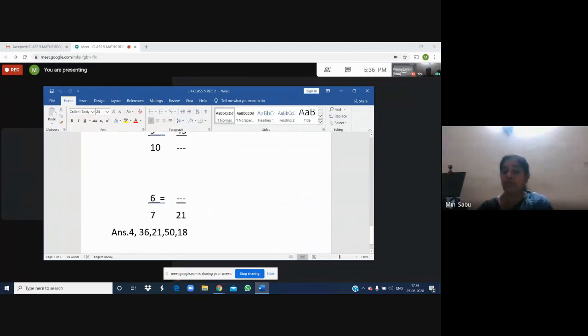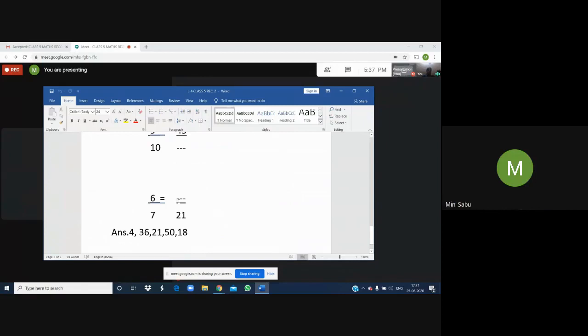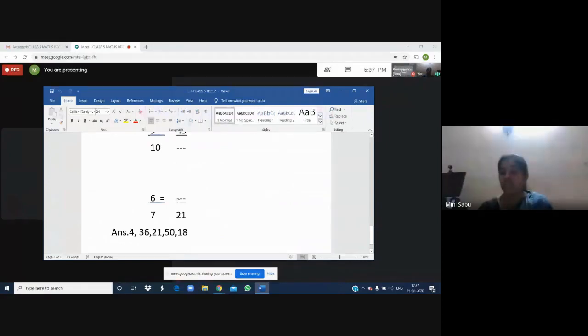Here both denominators are given. What is the relationship between 7 and 21? 7 3s are 21. 7 multiplied by 3, you got 21. So 6 3s are 18. Here the number in the dash should be 18.